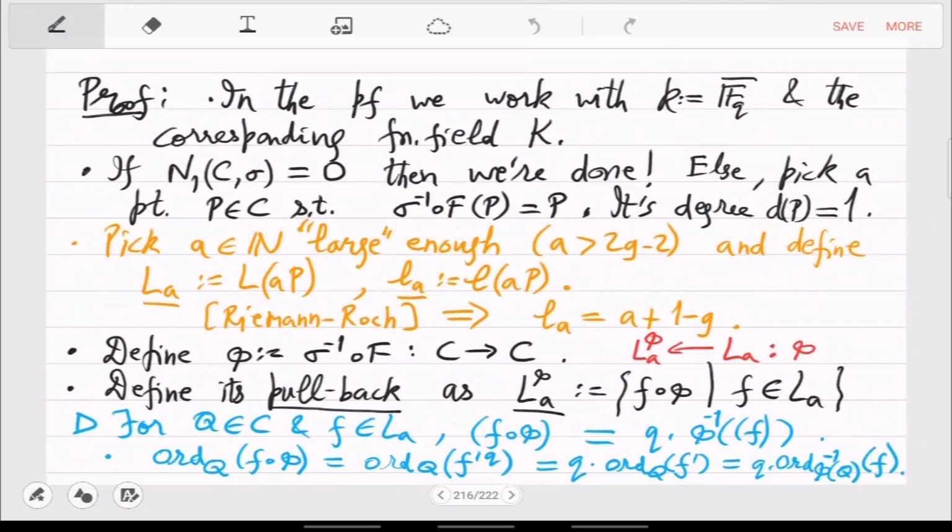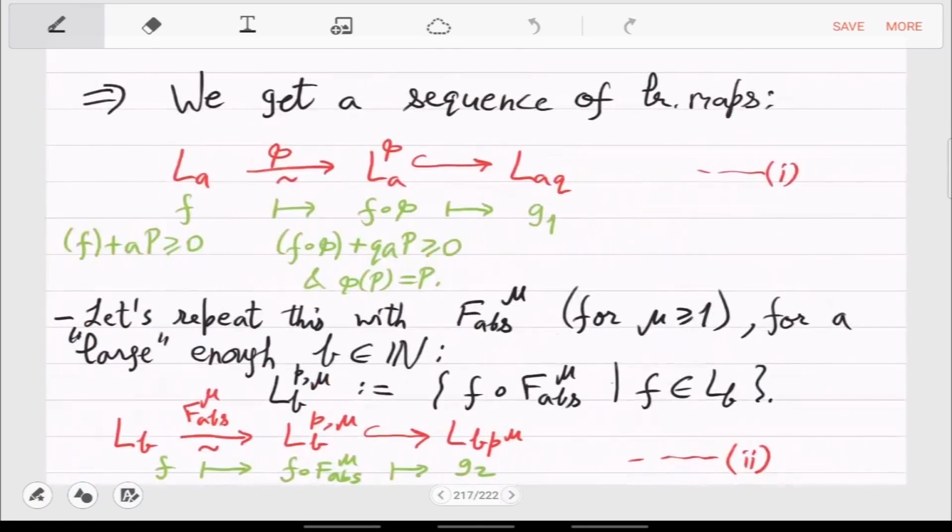So what is the proof of this? If N1 c sigma happens to have one point, call that point P on the curve, and with respect to that we define these L(D) sheaves. Use L(AP), taking A big enough. That's one, and second is L(BP), again B big enough, and we use two different pullbacks.